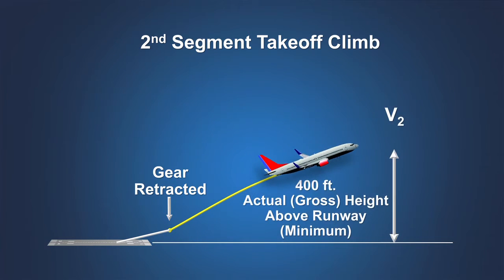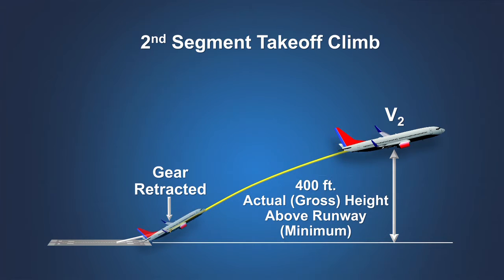No changes are allowed to the airplane's configuration or thrust while maintaining a speed not less than V2. The climb gradient during the second segment will gradually diminish due to thrust decrease resulting from increasing true airspeed and reduced air density as the airplane gains height. Therefore, the climb gradient capability will be greatest at the beginning of the second segment.